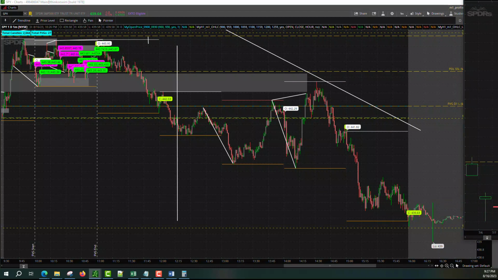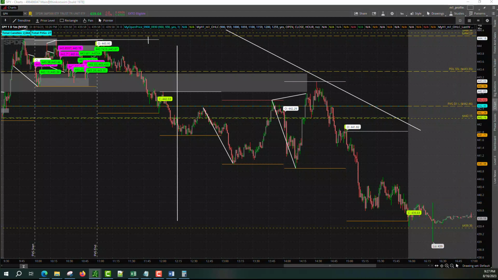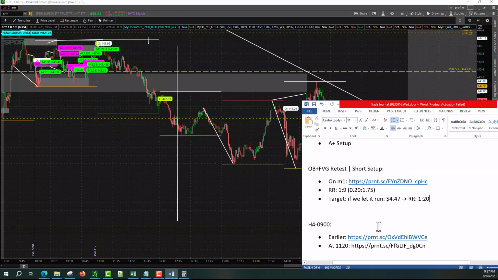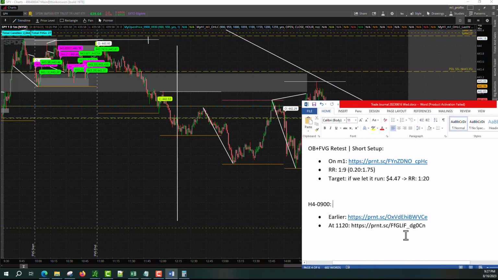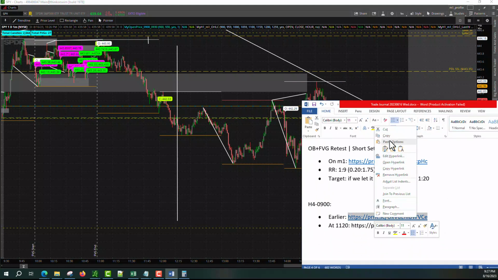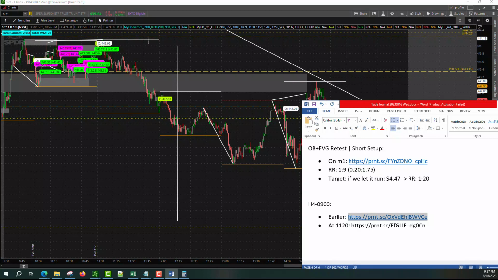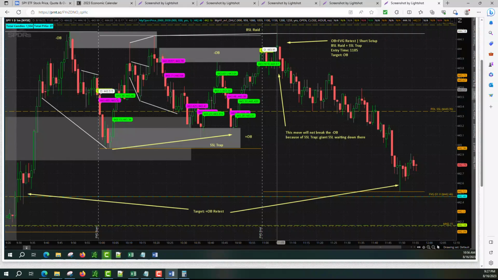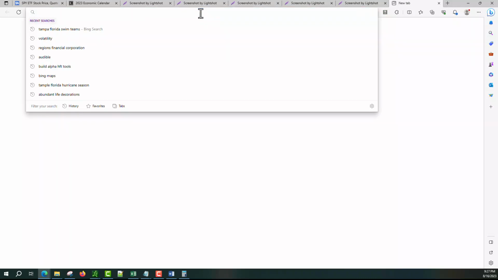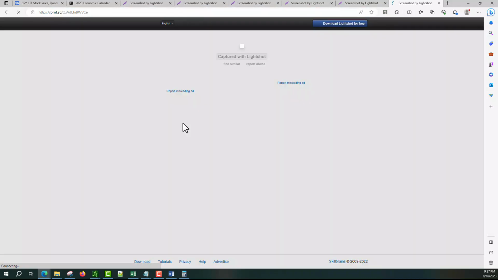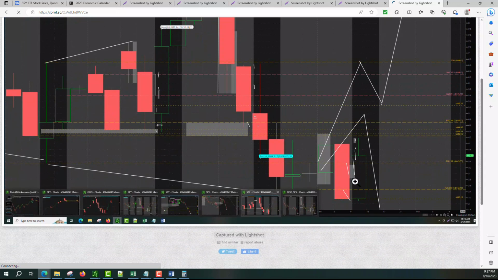And I want to show something real quick. Right here is the 4-hour time frame early in the day, right? You can see that right here. Also, it's a green candle.